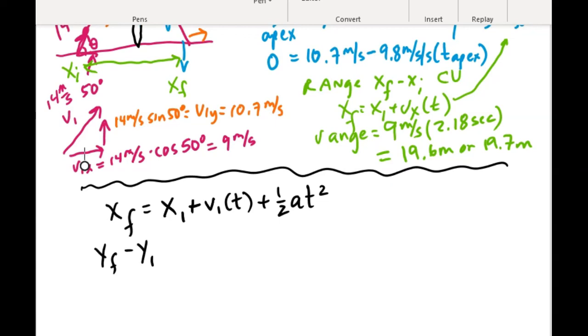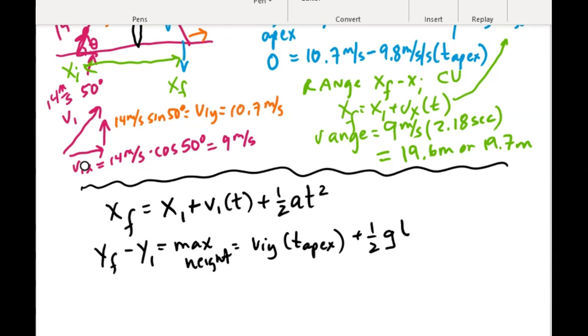So we change these to y's and put the yi on the other side. That's going to really be our maximum height. And this will be Viy times our apex time plus 1/2. It's in free fall, right? So that a is going to be g, and t squared. And again, that's going to be our apex time, we'll have to square that variable.